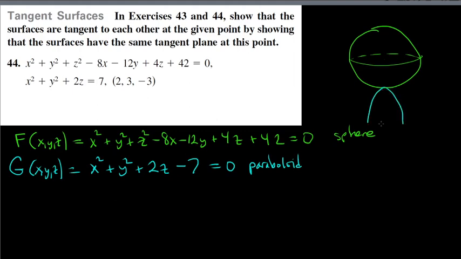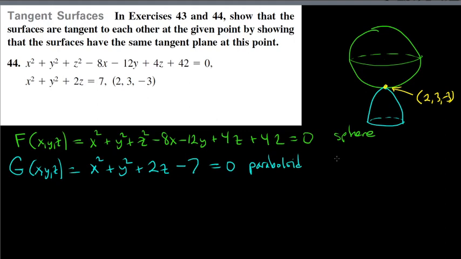So this might be the paraboloid facing downward here, and at this point here, I'll do this point in yellow, there's where they touch. That should be the point (2, 3, -3).